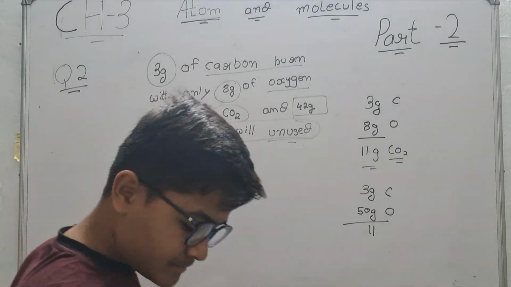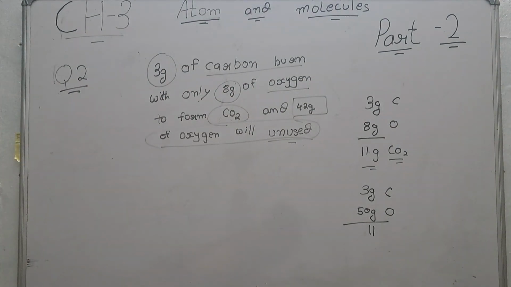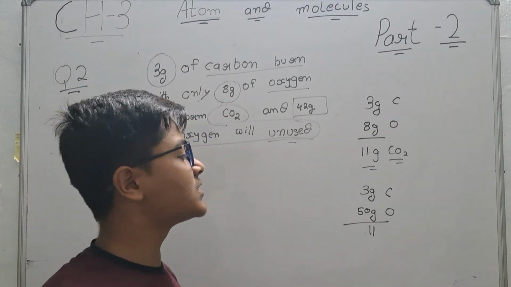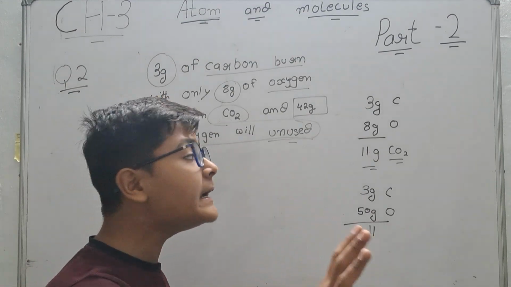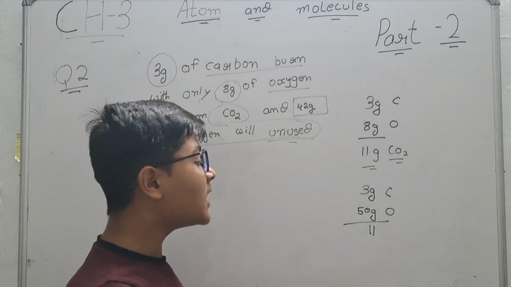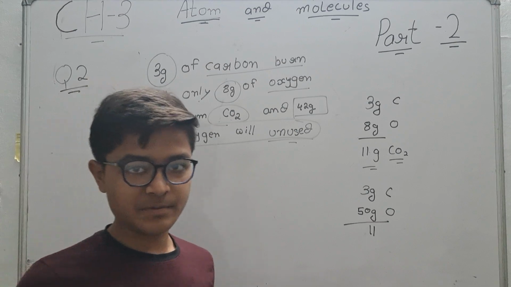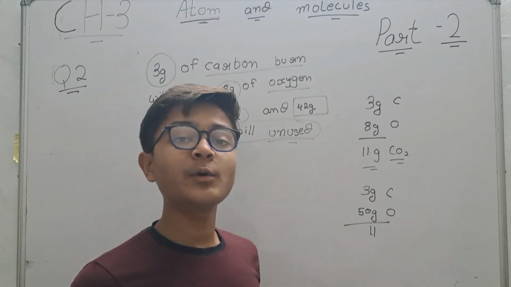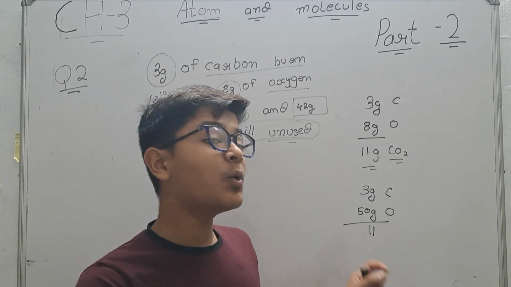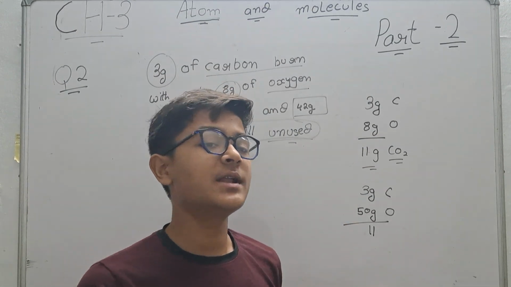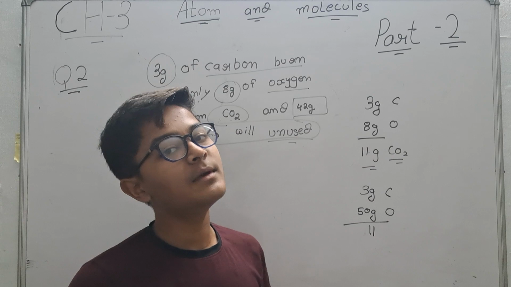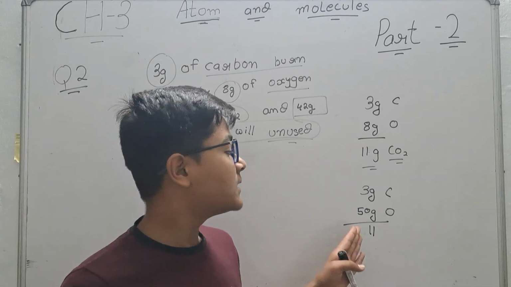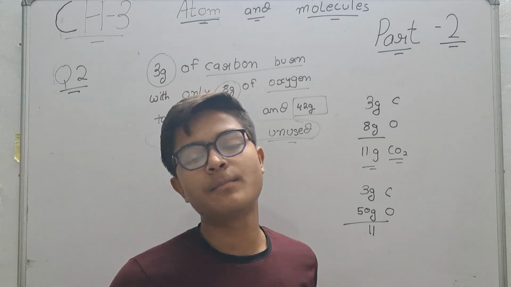That means when carbon is burnt with 50 gram of oxygen, it will use only 8 gram of oxygen, and another 42 gram will be unused, because carbon wants to form carbon dioxide. So it will only react with 8 gram of oxygen, and 11 gram of carbon dioxide will be produced.